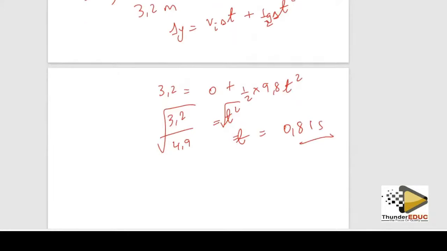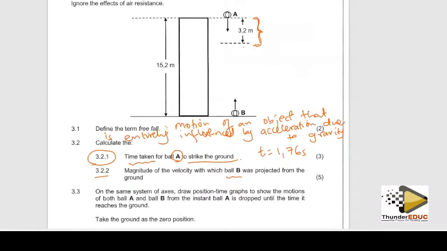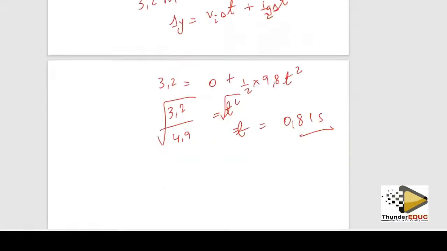Okay, so this is the time that object A had traveled just for this small distance. Now, if that is 0.81, then how much time is left for object B? I'll say time of travel for B is going to be 1.76 minus the 0.81.